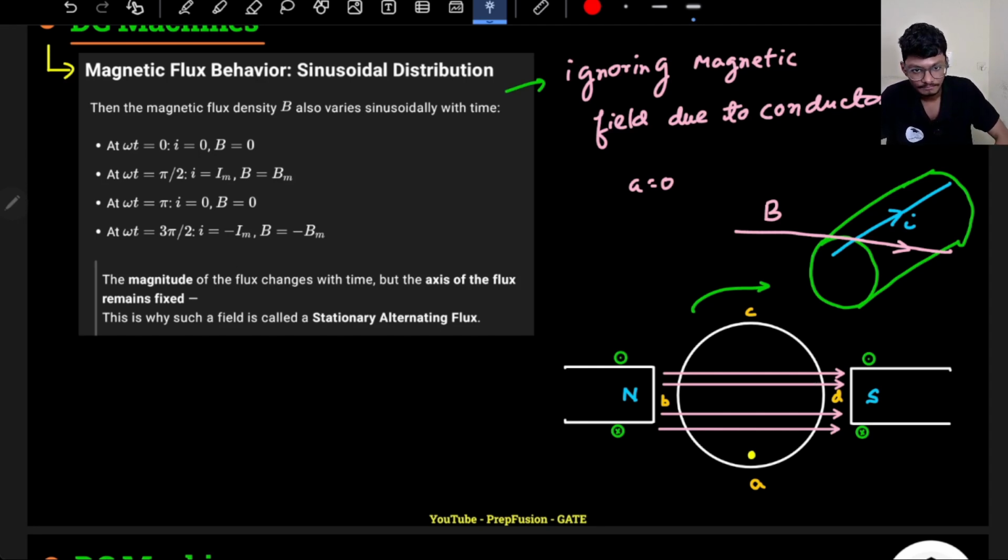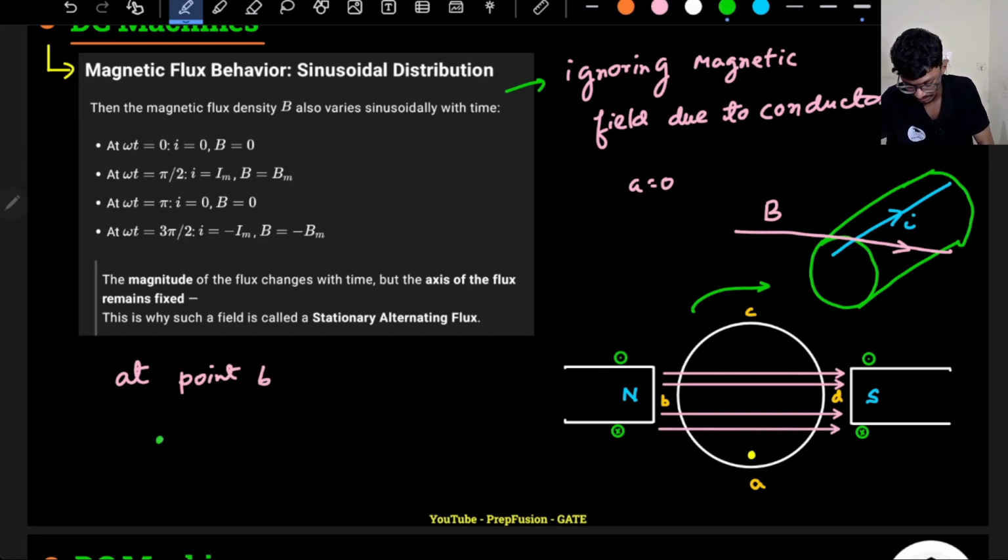So basically, roughly what I can say is that at point B, my conductor is here. This is my conductor that is present over here, and the flux lines are like this, right? So here my magnetic field density will be maximum, plus Bm.